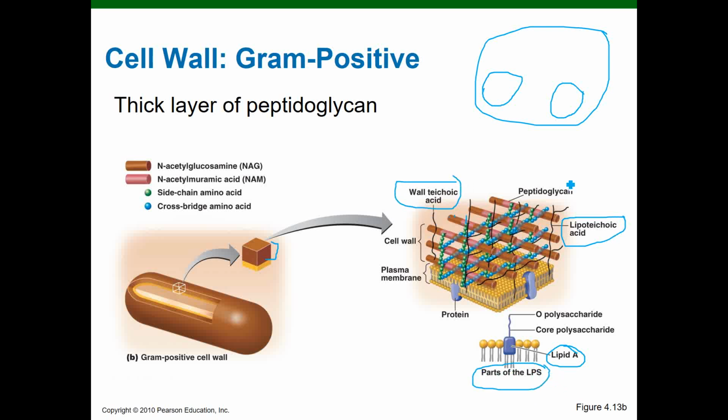Lipopolysaccharide. All of the ones I've circled are triggers for your immune system. If your immune cells see these components, they can trigger fever or inflammation. It's a way to let your body know that there's a bacterial infection so it can recruit other white blood cells to come and help fight the infection. So as an overview, gram-positive cell walls have a very thick outer layer of peptidoglycan. On the inside, they have the plasma membrane, right? That's this yellow portion here.